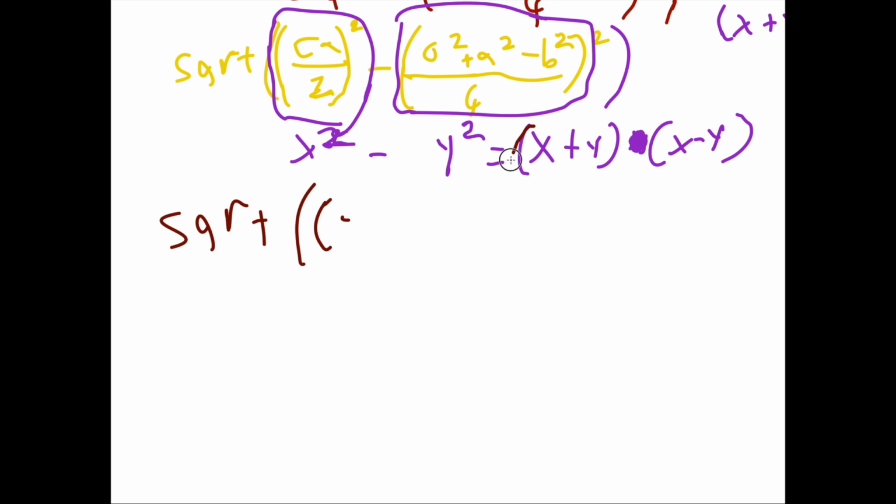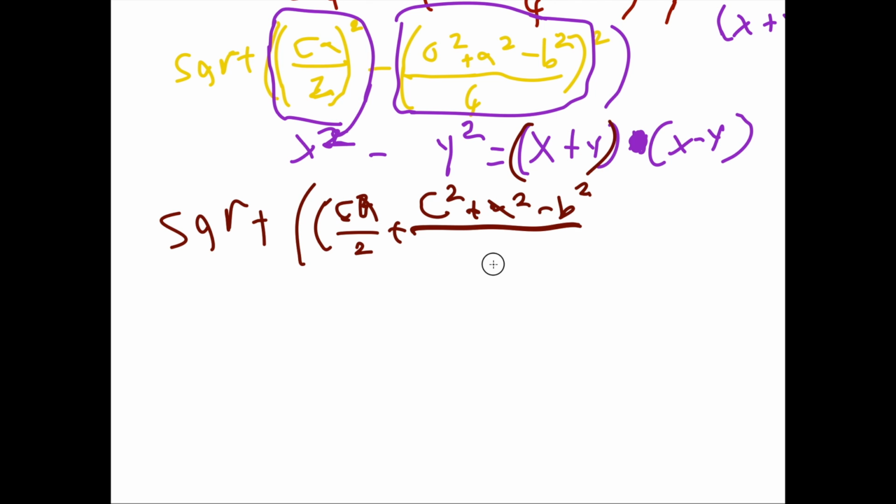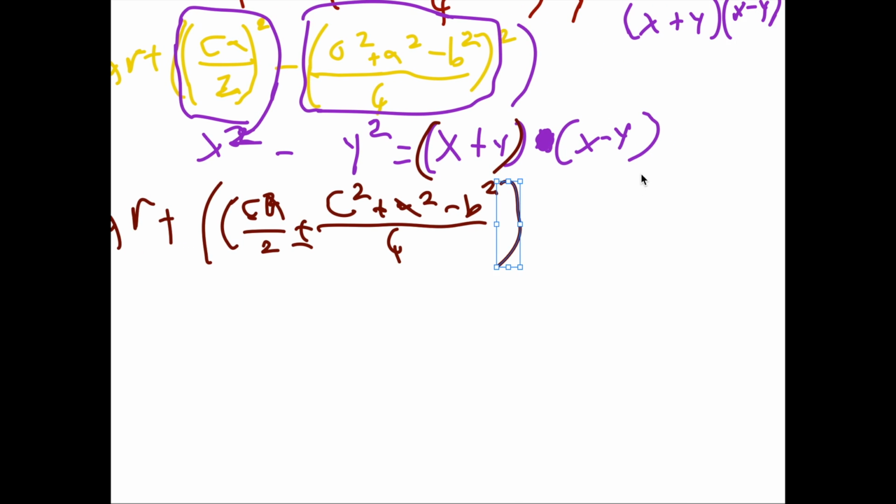So we need this bracket here, so C squared, CA divided by 2, sorry, if you make a video for too long, it's kind of hard to know what you're doing. C squared plus A squared minus B squared, divided by 4, right? Because this time it's plus, next time it's going to be minus.